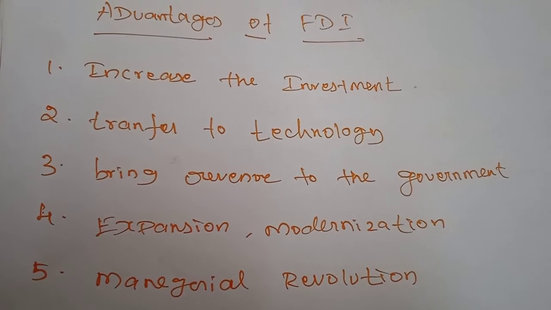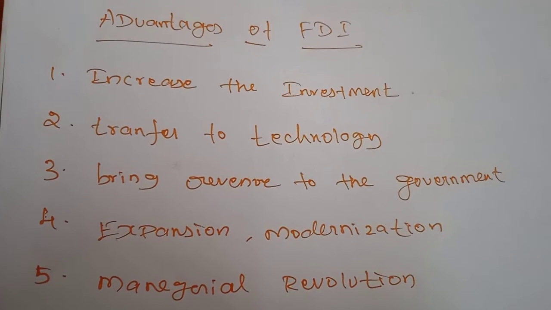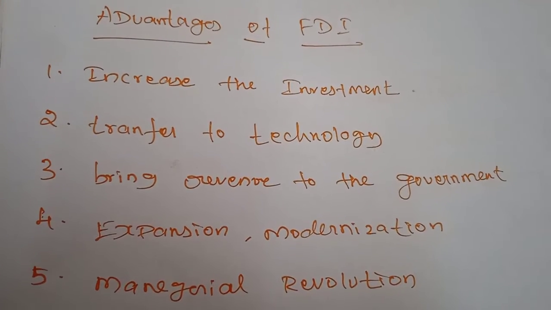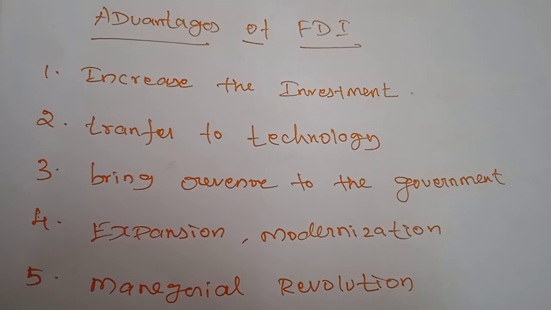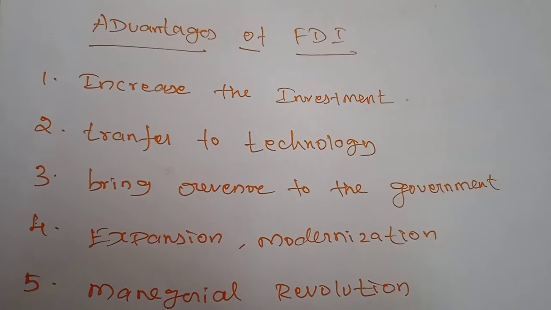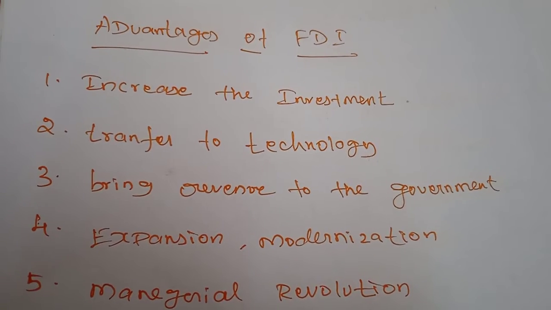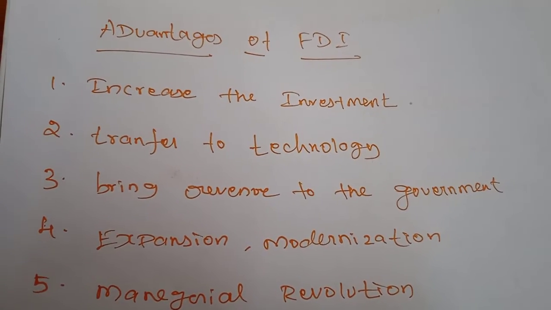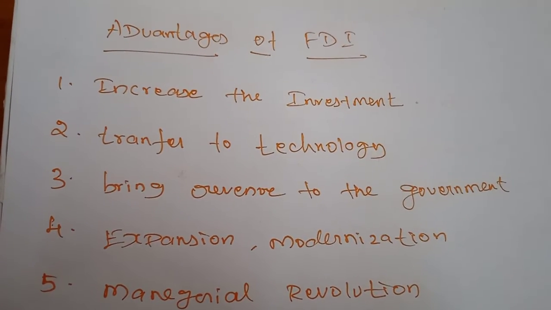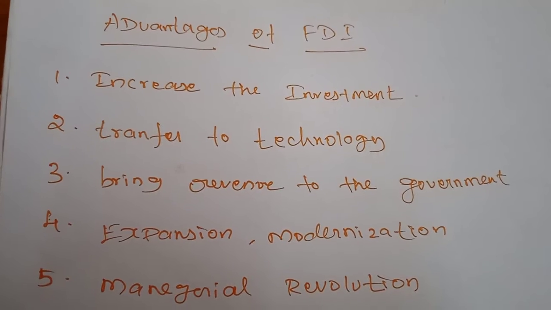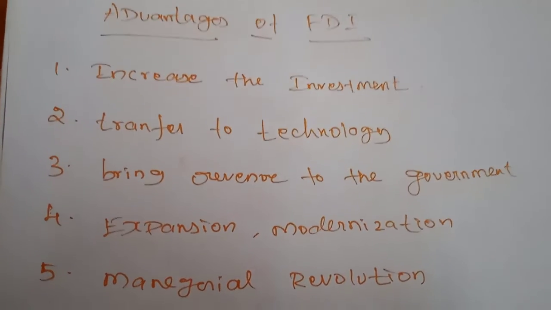Many developed nations can transfer their advanced technology to developing and underdeveloped countries only if we allow foreign direct investment, because the foreigners will also be increasing the productivity or the size of production in the host countries and branch countries. So if they allow the technology, it is possible.